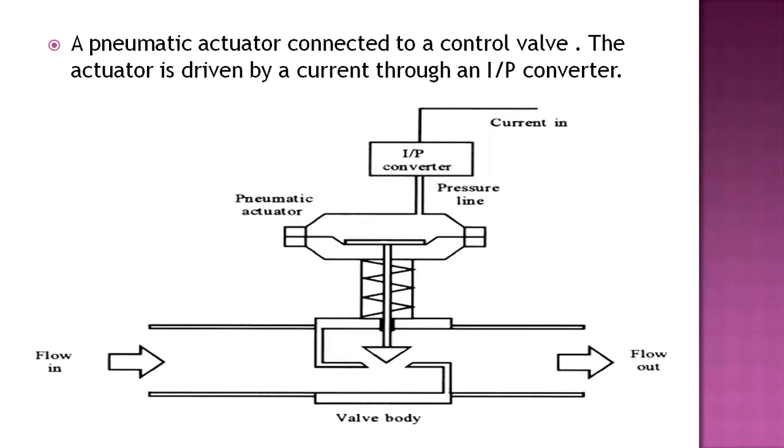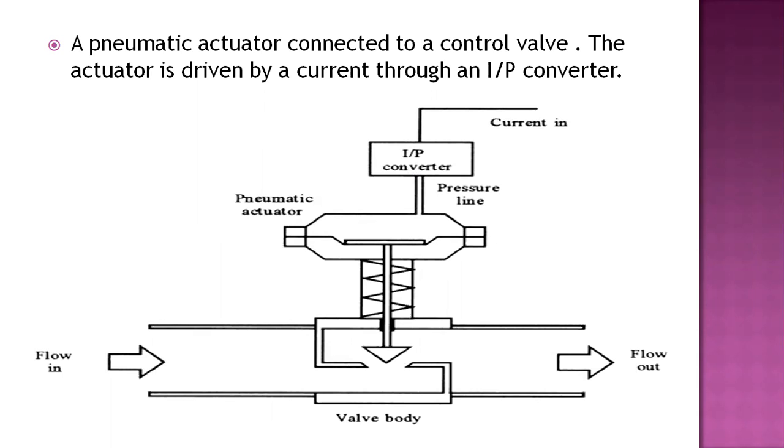And the last, a pneumatic actuator, which is shown over here, is connected to a control valve, and the actuator is driven by a current through an I to P converter. So a typical control valve uses a pneumatic actuator attached to drive the stem and hence to open and close the valve.